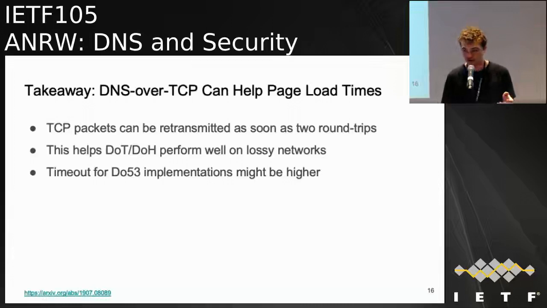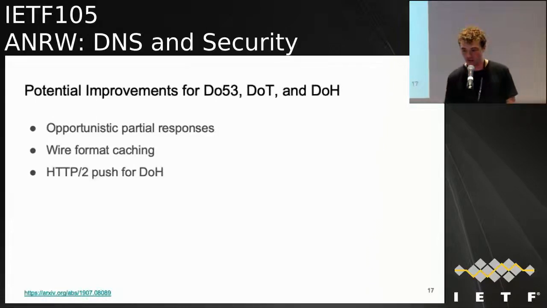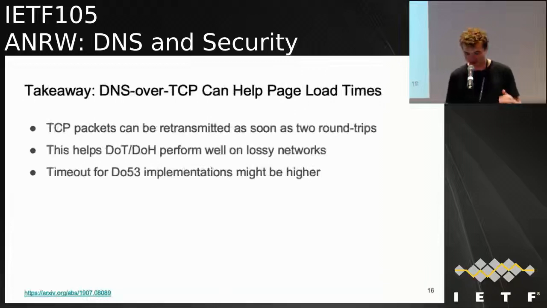And we believe this is because TCP packets can be retransmitted after as little as 2 round trips. So as we're tweaking the loss, more and more DNS packets are getting dropped, and this means they could be retransmitted faster than something defined by a timeout, on the order of a couple of seconds for a traditional DNS timeout. This helps DoT and DoH perform well on lossy networks.